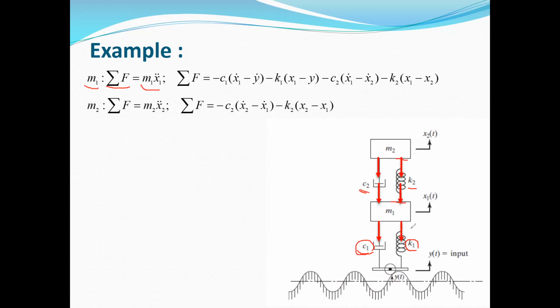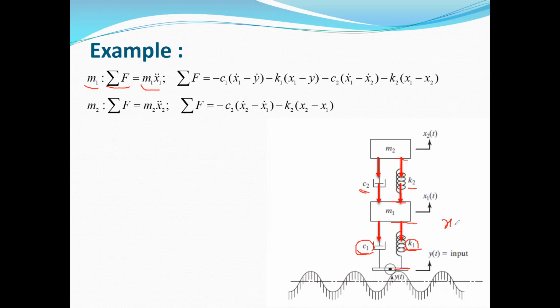As in the previous example I mentioned, you can see, for example, for spring K1, the lower edge is under pressure, or compressed, but the upper edge is under extension, or pulled. So the sign for x1 and y will be different.